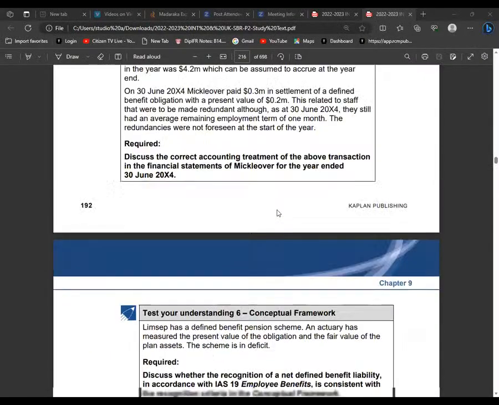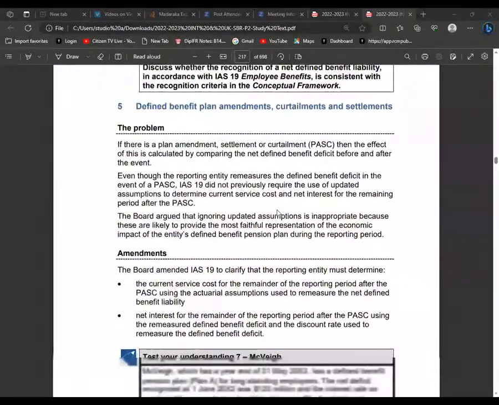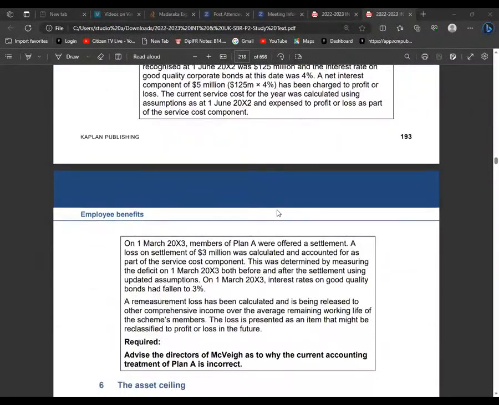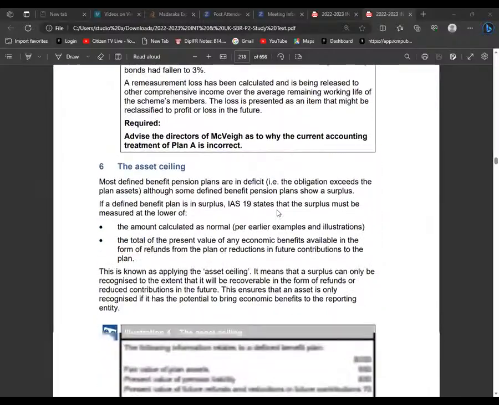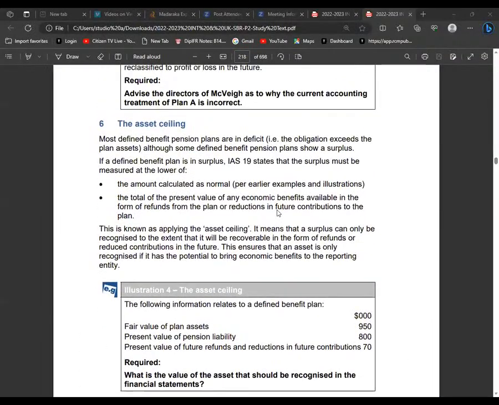Now, ladies and gentlemen, from there we go to something very important, what we are calling the asset ceiling. Very, very important. Remember, ordinarily, pension schemes are normally troubled schemes.